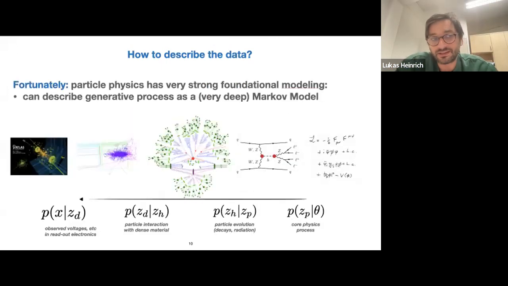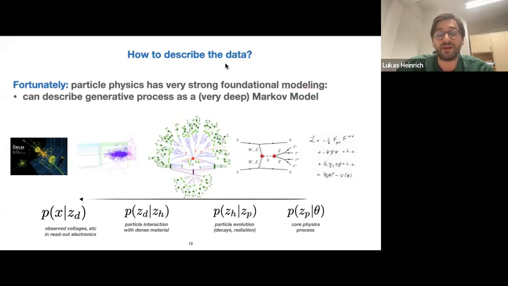One of the nice things about fundamental physics is that we have extremely strong foundational knowledge of what the forward modeling process looks like. Through decades of discovery, we know exactly what is happening as we translate from this formula to the 100 million channels that we have in the detector.